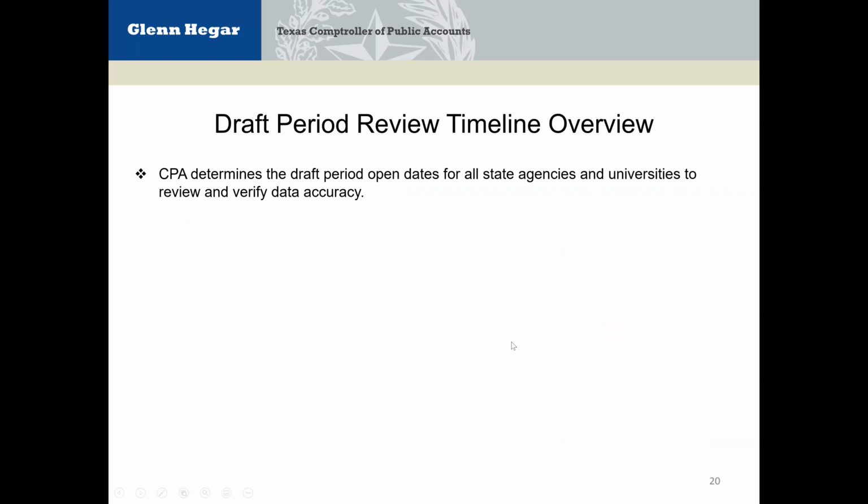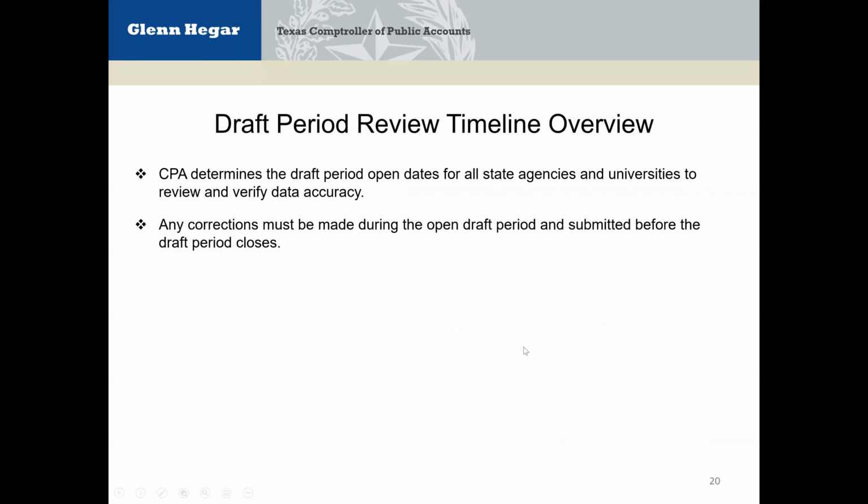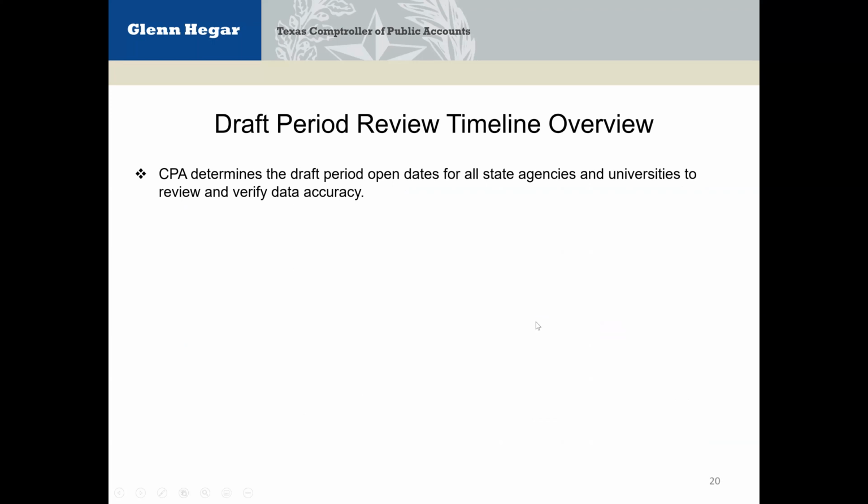Okay, so talking about the draft review timeline. We determine the draft period, and typically for the first draft we give you a week, sometimes a little more than a week, and that is after the initial opening between March 1st and 15th or September 1st and 15th for your initial reporting.